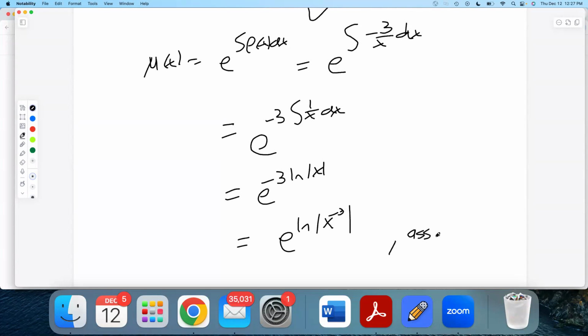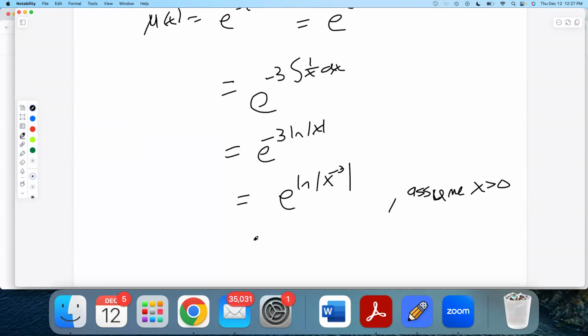We're going to assume x is positive. So I don't have to deal with this absolute value, and we're going to do that quite often. Then this will be e to the ln of x to the -3. E to the ln of junk is just junk. That's x to the -3.